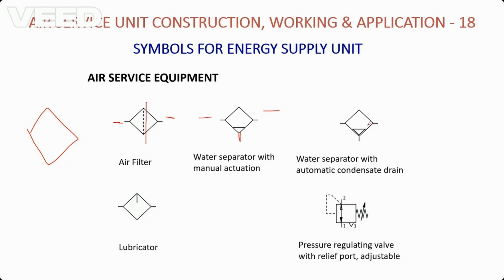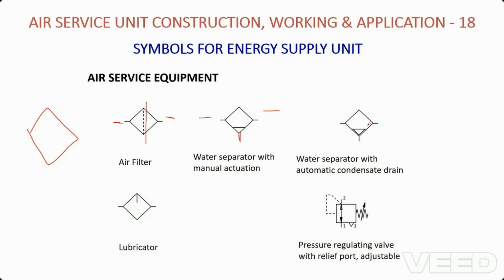These are the most commonly used components. These days, no one uses manual drains. Everyone uses automatic drain units, where a relay activates every 30 seconds or 1 minute to remove moisture frequently.